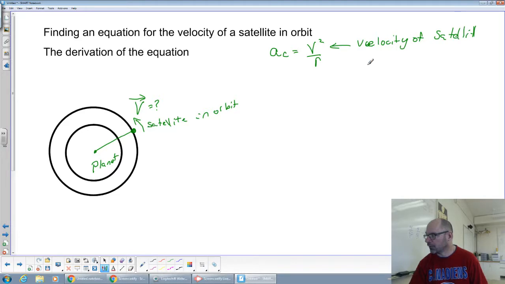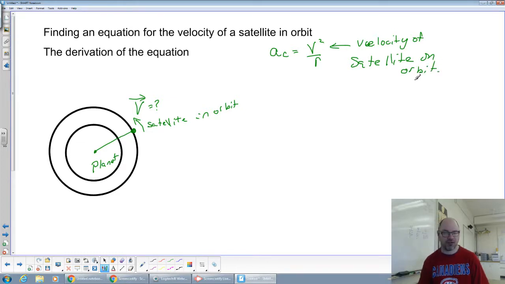Let's spell satellite properly. You have to be going fast enough so that you stay in the orbit and you don't decay down to the Earth. So the gravitational force has to equal the centripetal force outward. If they're balanced, then you'll stay in orbit. If there's more gravitational force, it'll pull you back into the Earth and your orbit will decay.